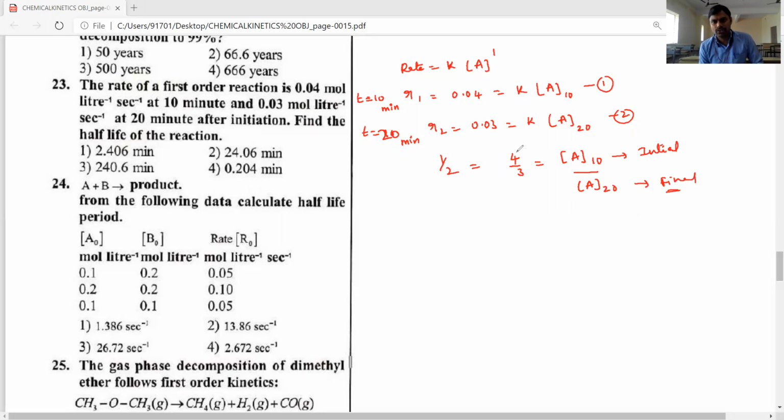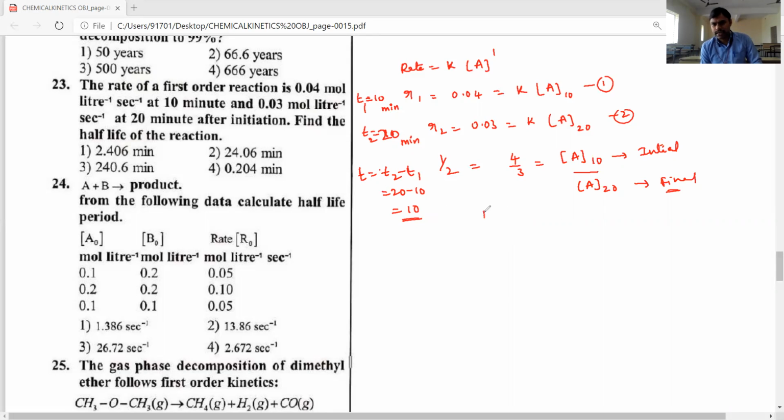The ratio is 4 by 3, and the time period T2 minus T1 is 20 minus 10, which is 10 minutes. During this time interval, we have to calculate the rate constant. First we find the K value, and after that the half-life period.